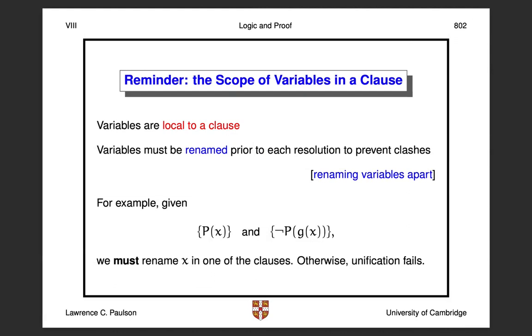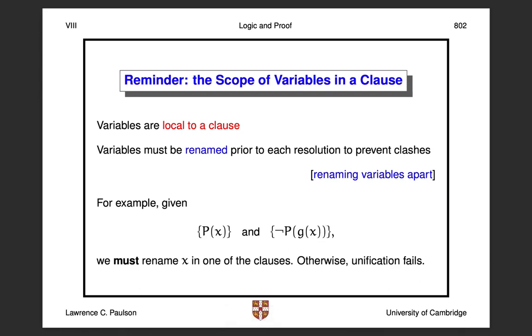Now, I have said this already, but it's worth stressing. Variables in a clause are local to it. So when we see down here these two clauses, P of x and not P of g of x, this x is local to this clause, this x is local to this clause.